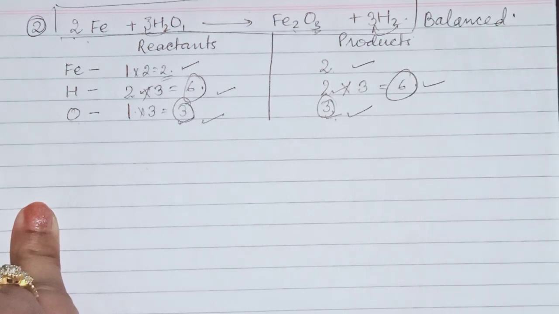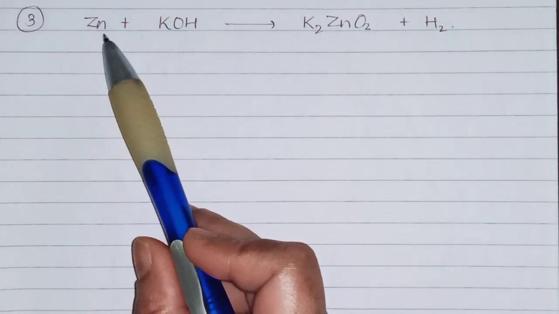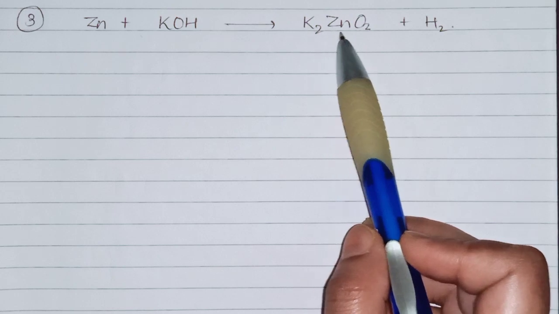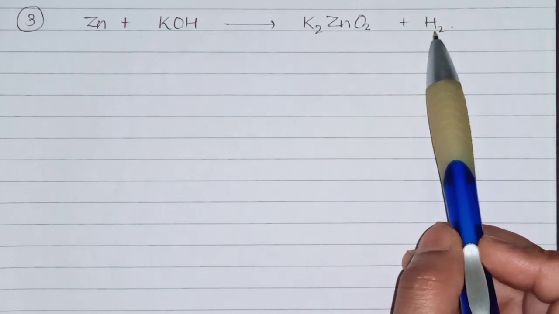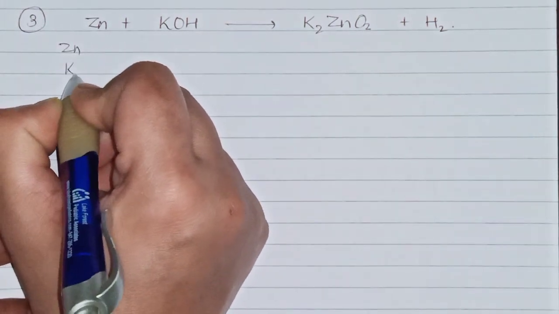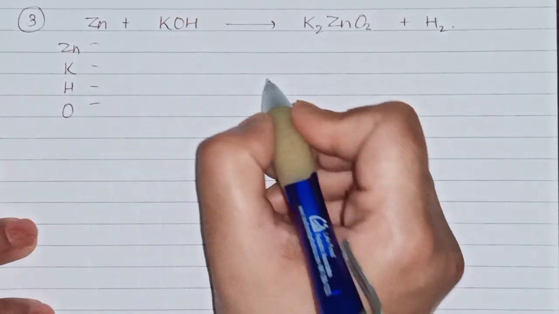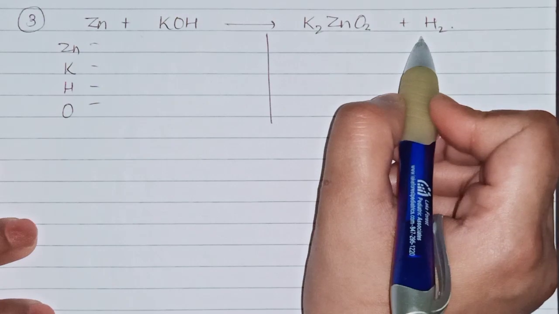Now, clear? Now let's take one more example. Zinc, Zn plus KOH gives K2ZnO2, potassium zincate, plus H2. Now what will you do? You will write zinc, potassium, hydrogen, oxygen. Okay. Now put a line between left hand side and right hand side.